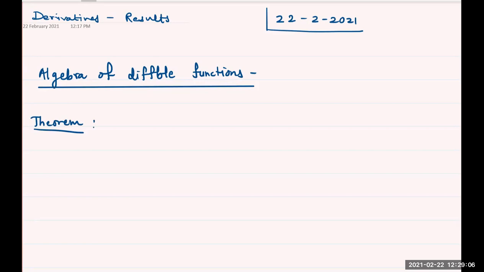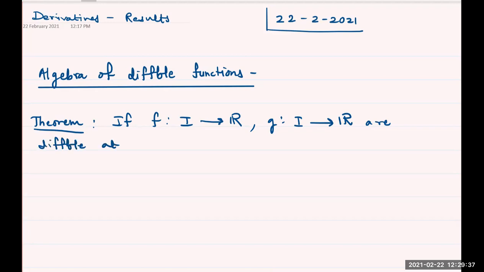So I have 2 functions, f, and as you know we are defining on an open interval I. f is I to R, g is also from I to R, and both are differentiable at the same point, at some point p in I. Then the first result is about multiplying by a constant.